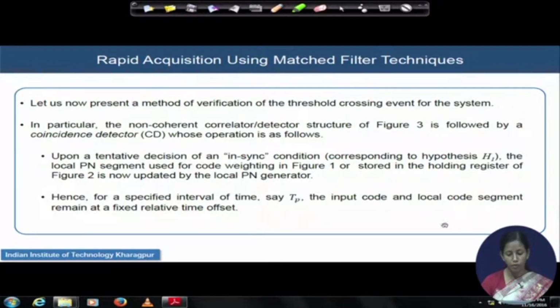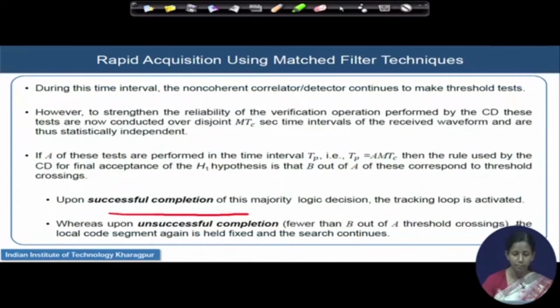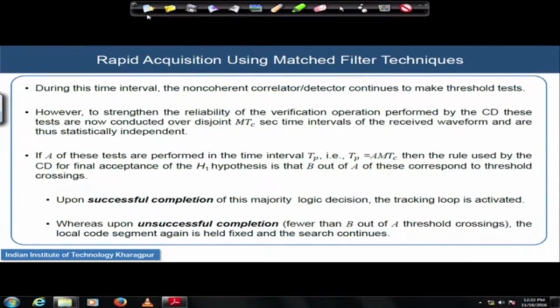And hence for that time interval we understand that the input is continuously maintaining a fixed relative time offset with respect to the signal held inside the holding shift register. During this time interval, the non-coherent correlator detector continues to make the threshold tests.